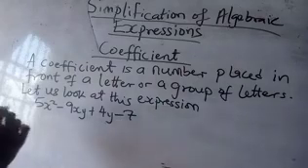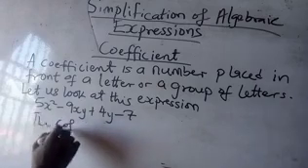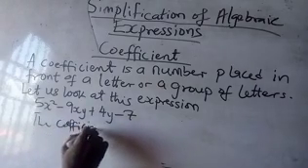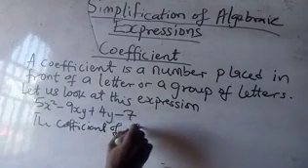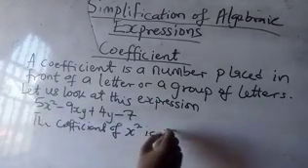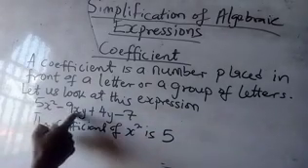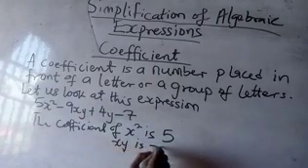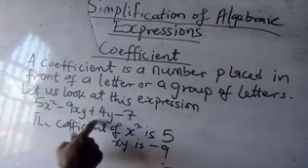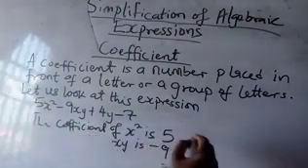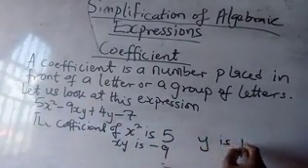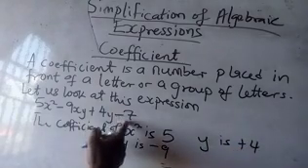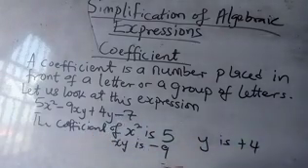For instance, the coefficient of x squared is 5. Coefficient of xy is minus 9. The coefficient of y is plus 4. Minus 7 is a constant. It does not have a variable.